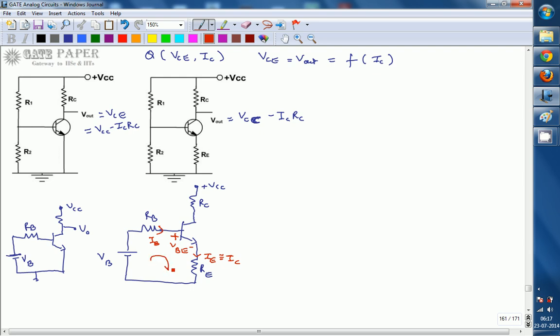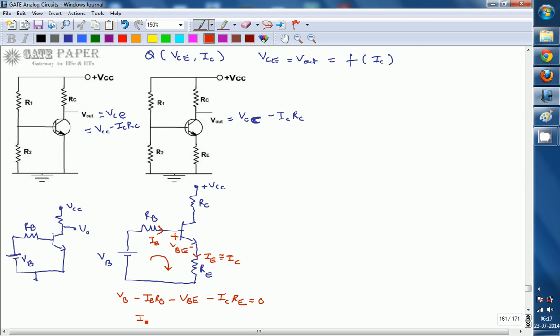Now we are introducing RE. If you write the KVL across this loop, it can be written as VB minus IBRB minus VBE minus ICRE is equal to 0. Instead of writing IERE, I am writing ICRE is equal to 0.